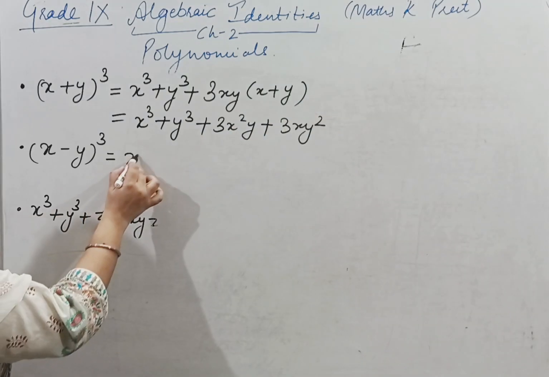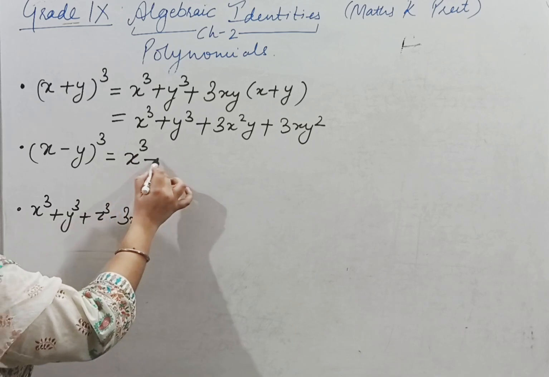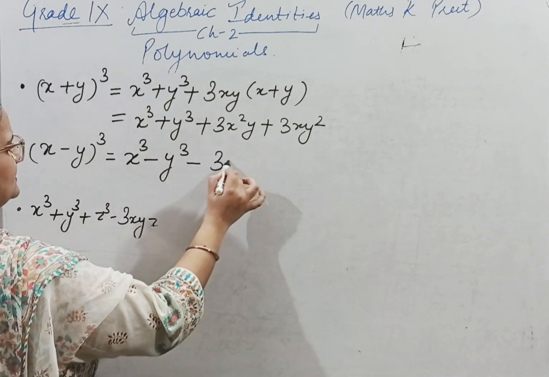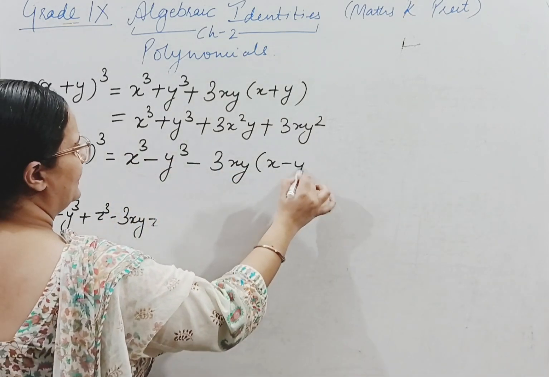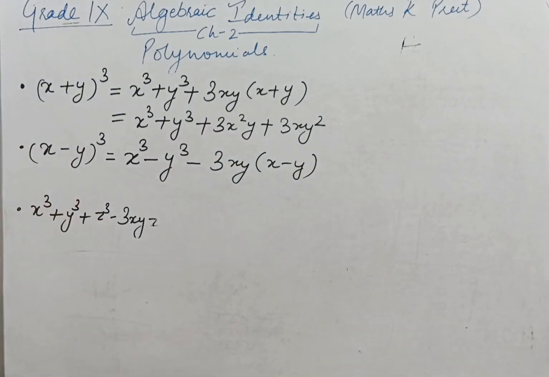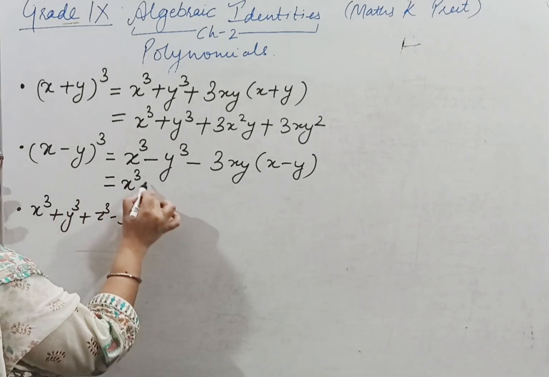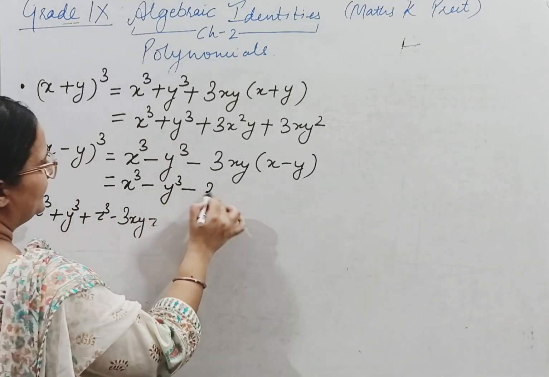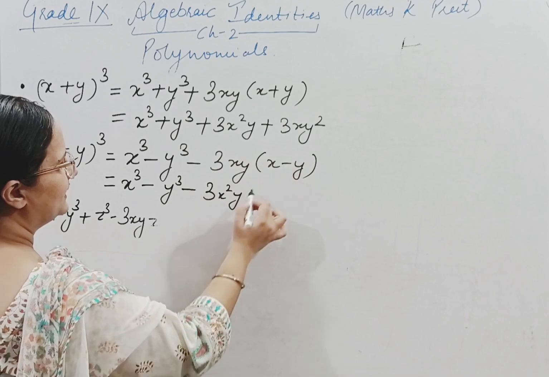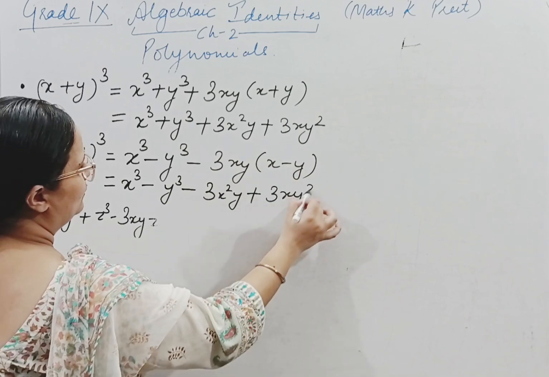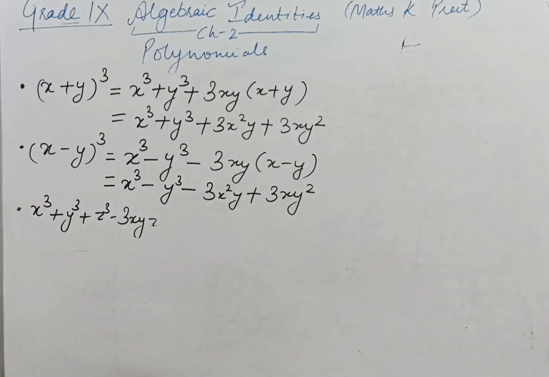x minus y whole cube, the expansion is x cube minus y cube minus 3xy, and in bracket x minus y. So in the first identity we were having plus, and in the second identity we are having minus. On solving, this is the second way to write, minus 3x square y, minus minus is plus 3x y square. Again these are two ways to write this identity.